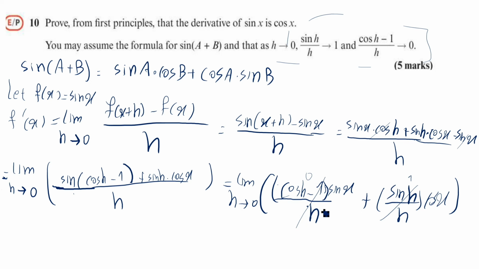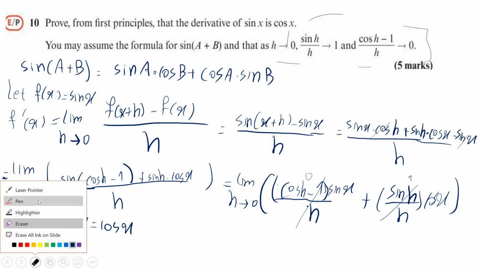So the only thing that we are going to have is basically 1 times cos x, which is cos x. So now we've proved that the derivative of sine x is cos x. So let's just write that in a better and more mathematical way.